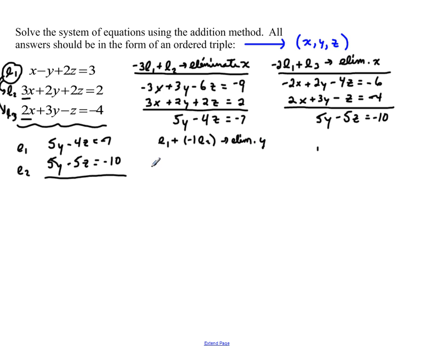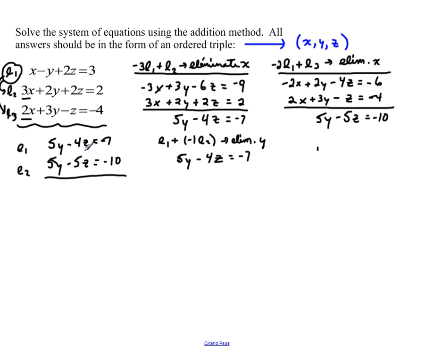Okay, so what does that look like? Well, okay, line 1, 5y, sorry, I'm having a good day, right? 5y minus 4z equals -7.